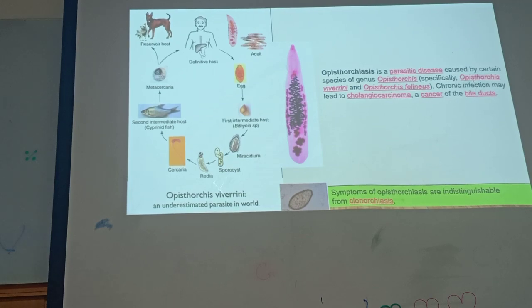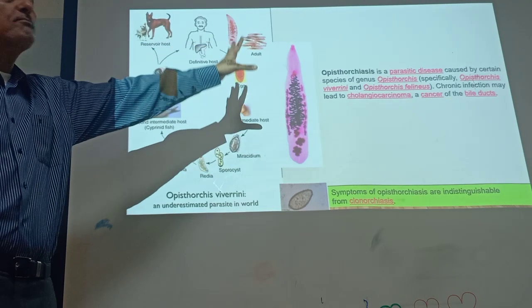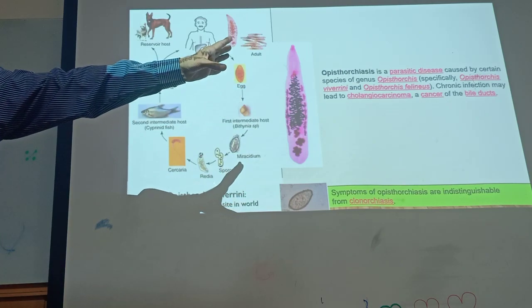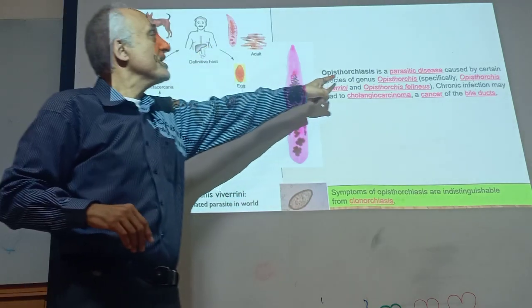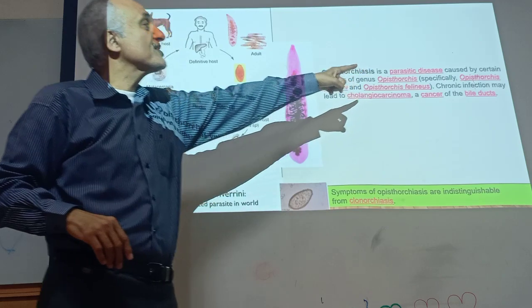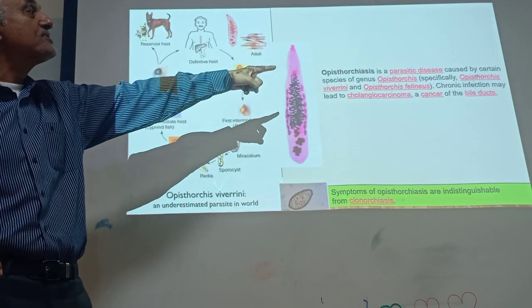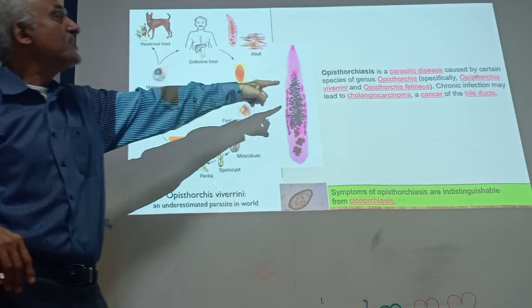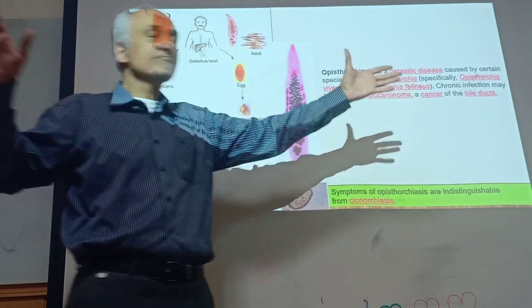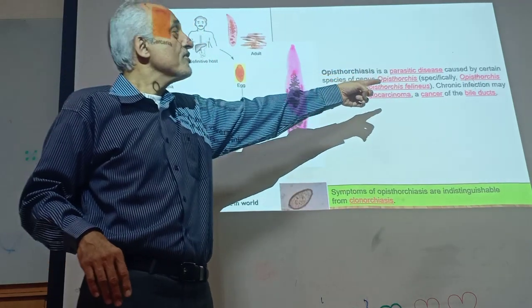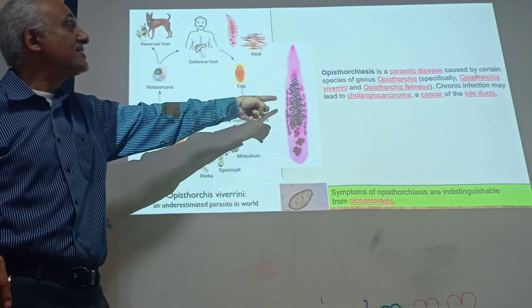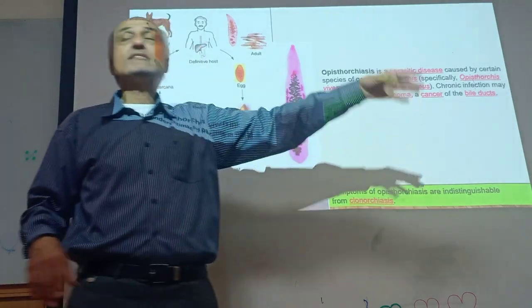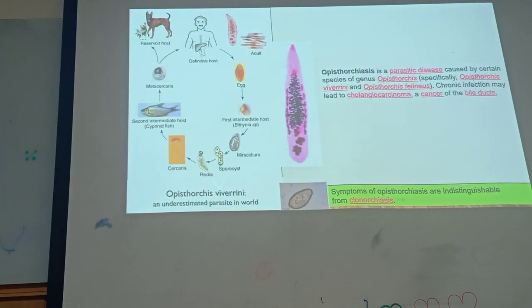Opisthorchis viverrini, and some other species. Please believe me, opisthorchiasis is a parasitic disease caused by certain species of the genus Opisthorchis, viverrini and felineus. Chronic infection may also lead to cholangiocarcinoma like Clonorchis sinensis.